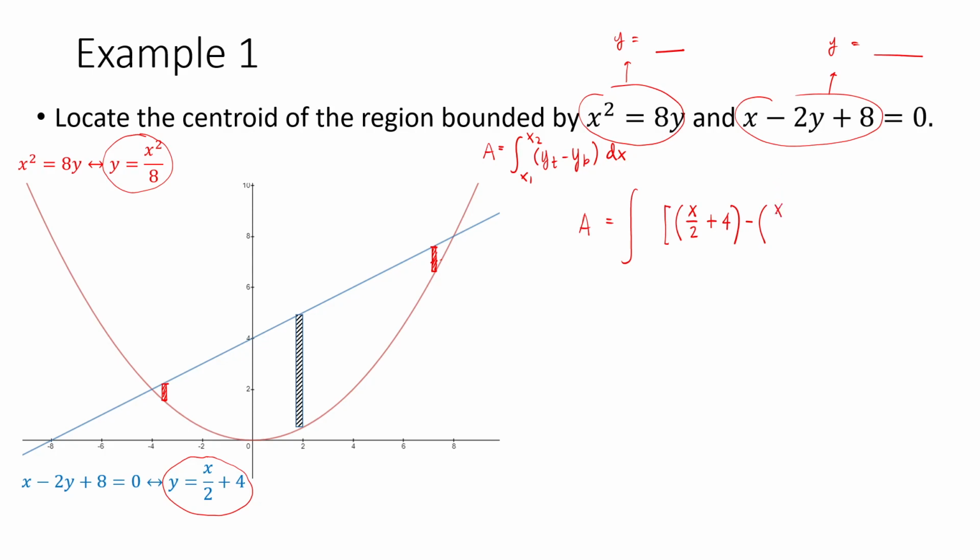So that will be x squared all over 8, and then dx. That will be from x1 to x2. Of course, these are our points of intersection, so you need to determine that one also prior to solving the area.